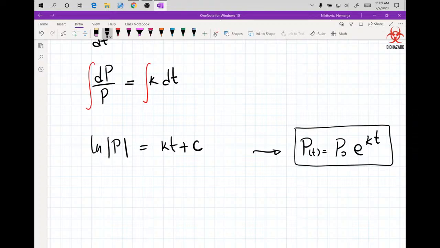All right, so we use the integral, right? We use the integral to undo the differential equation. And once we undid the derivatives, we got the solution. Now, something like this will be called the general solution.